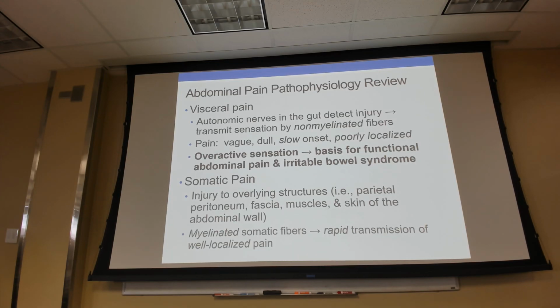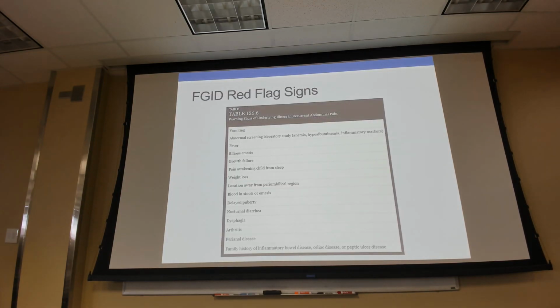Versus somatic pain: it hurts in my right lower quadrant, and I have anorexia associated with this, and fever and leukocytosis. I'm not going to tell you that. These are going to be your red flags then. So this would be the thing to know for the functional syndrome in general. And this makes sense because with any of these things, you have some sort of true pathology or physical response.